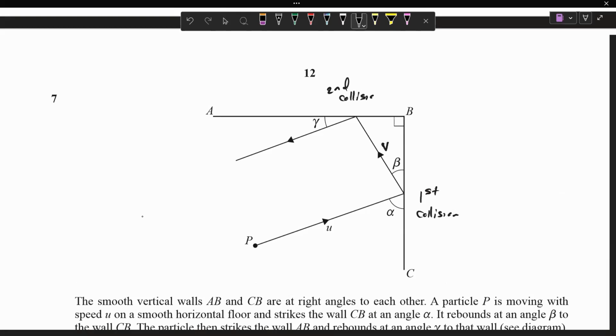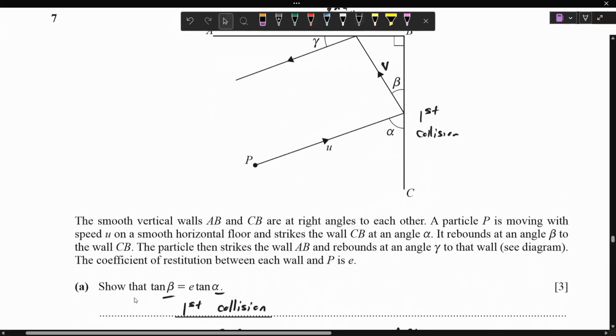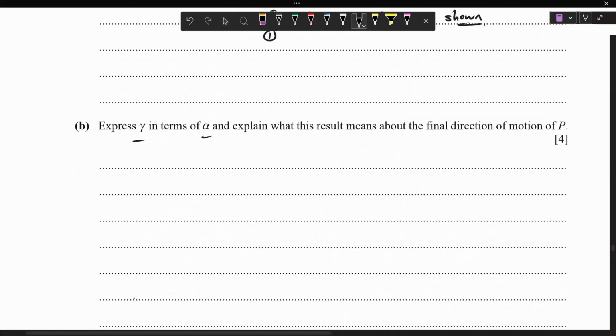So let's try to analyze the second collision, all right? So we're going to say here for the second collision, we're going to have components before collision and after collision. I do this just to simplify it. It makes everything clear, in my own opinion.